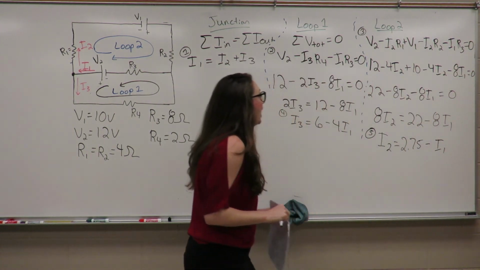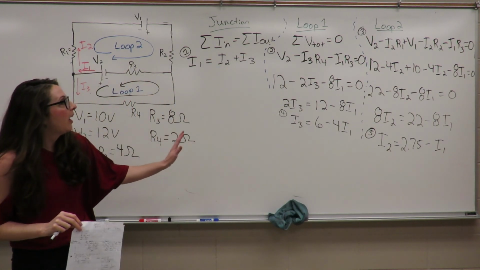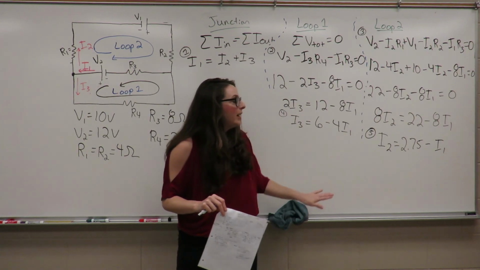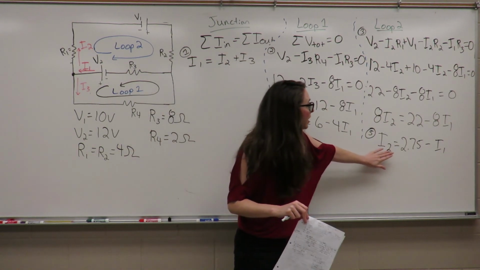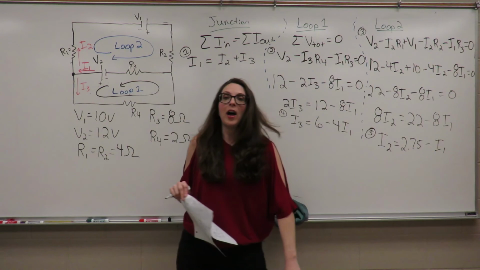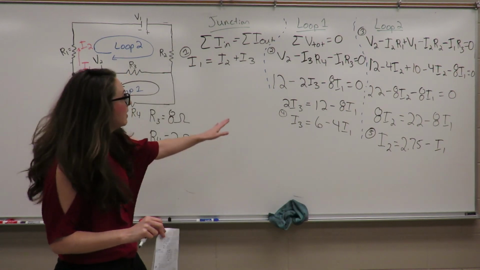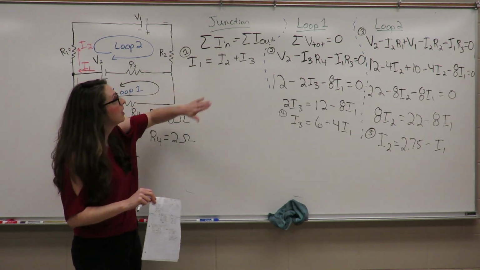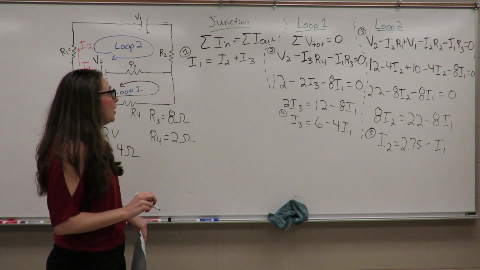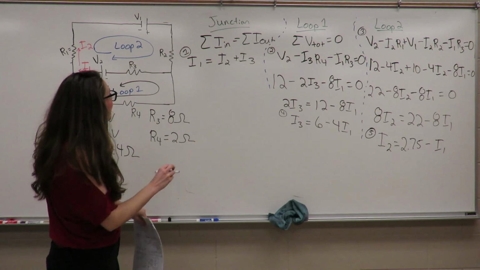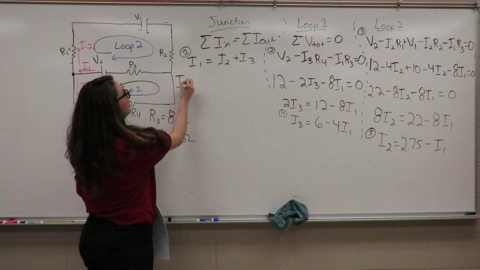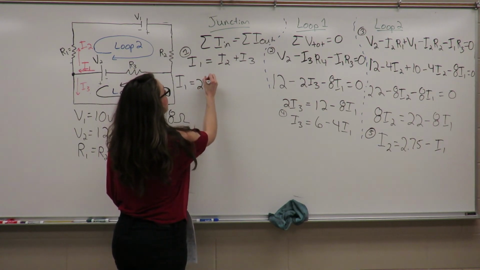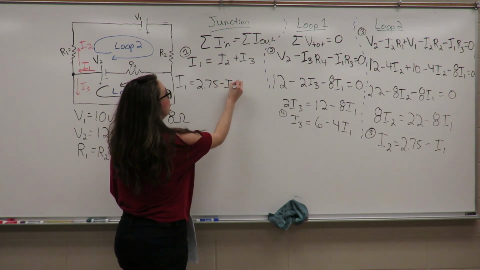Okay, so now we have equation 4, which has I3 in terms of I1. Now I have equation 5, which has I2 in terms of I1. So I can take these equations, 4 and 5, and substitute them in up here to my first equation, equation 1. Okay? And so if I do that, then I have that I1 is equal to I2 was 2.75 minus I1.